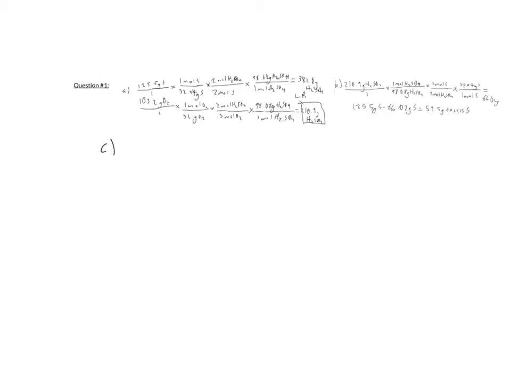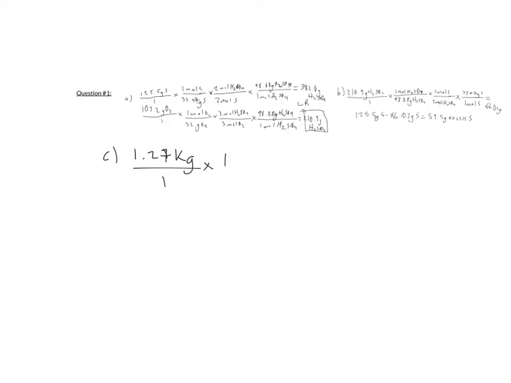For part C, we are finding the grams of sulfur needed if we have 1.27 kilograms of H2SO4 with an 86.3% yield. So we start with those kilograms, and then we'll convert that to grams.